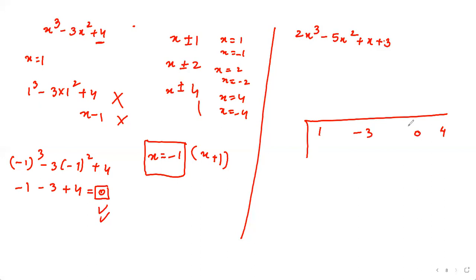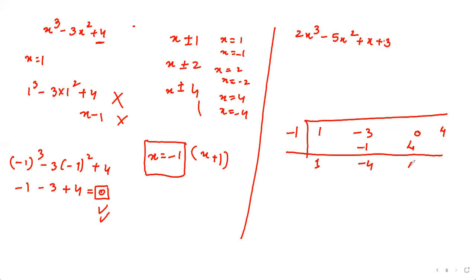That way you can also test if it is 100% a factor. Now here, the 1 comes down as it is. 1 into -1 is -1. Then -4. -4 times -1 is +4.